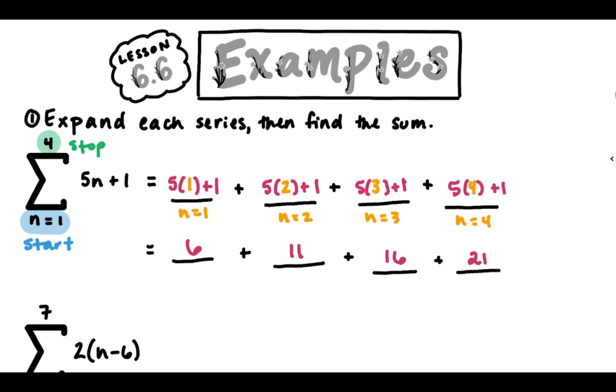So I want to add up 6 plus 11 plus 16 plus 21, and I get 54. So the sum of this series is 54. Okay, we did it. We just evaluated a series. Good job, us. Let's do one more like that.